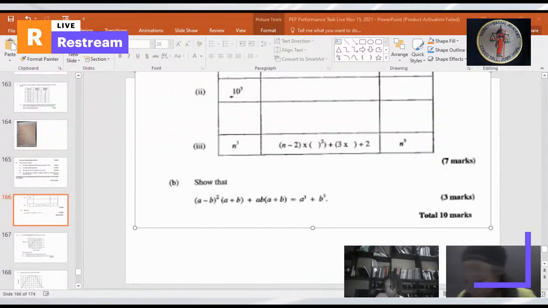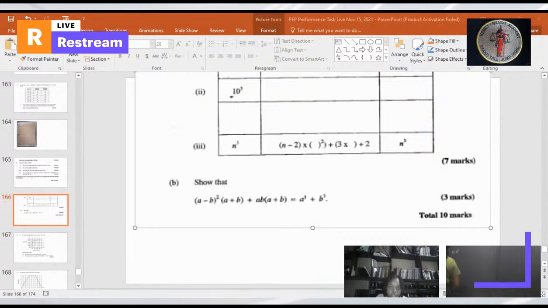All right, so let me see. Read what is there for me. Okay, miss. In brackets, we have a minus b, squared. The squared is outside. So bracket a minus b, and the squared is on the outside.